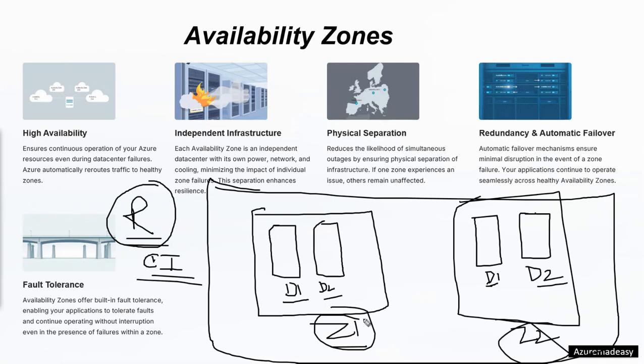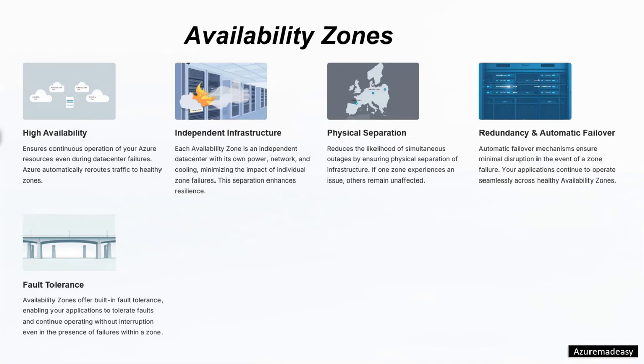Inside Central India, I have a data center in zone 1 and another data center in zone 2. I can have these data centers but they belong to the same region. If this zone is not available due to some outage, the other will be there. That happens for disaster recovery or for higher availability. That's what happens in availability zones.